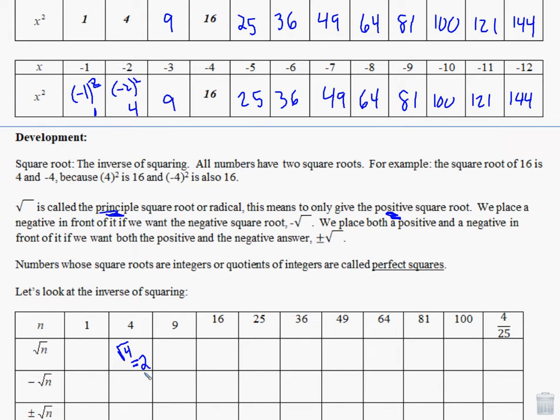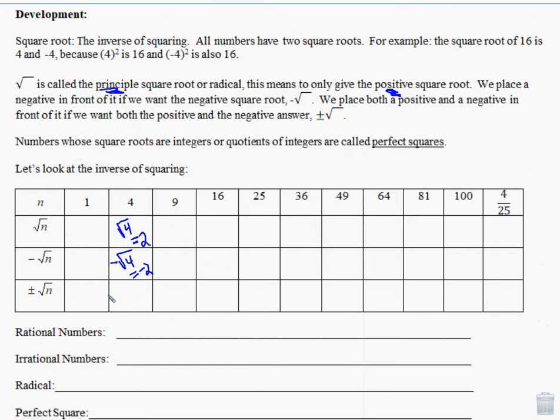If I wanted the negative answer, then I would put a negative sign in front of that principal square root. So now I'm going to ask you what's the negative answer to the square root of 4, and you're going to tell me it's a -2. Finally, if I want both answers, because really there are two answers, always, all numbers have two square roots, I would put a plus and a minus sign in front. So I'm asking you for both the positive and the negative square root of 4, and the answer is +2 and -2.